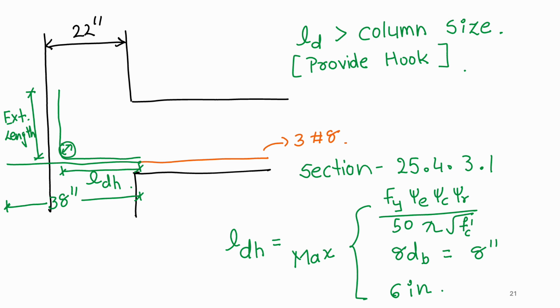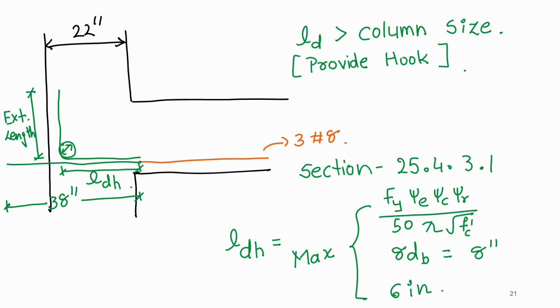And using the section 25.4.3.1, our value for the hook will be the maximum of the 3 equations. So since we have rebar size of 1 inch, our 8 times db will be 8 inch.